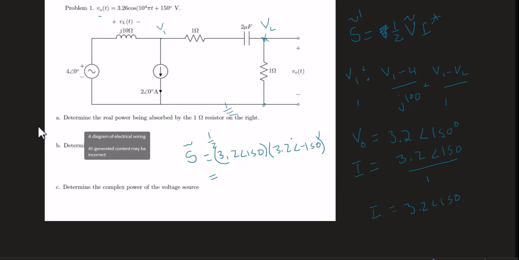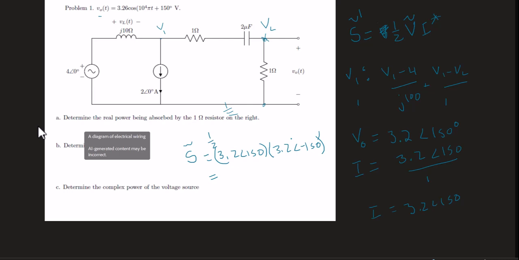So can someone tell me why the 150 and the negative 150 cancel each other out, which makes sense? Because it's just a resistor, it's all real. So we would expect to get all real power.